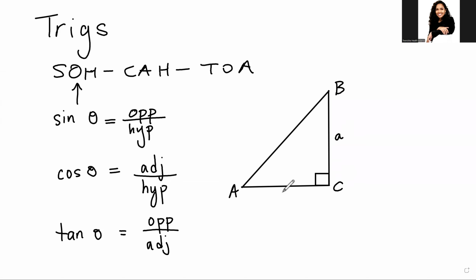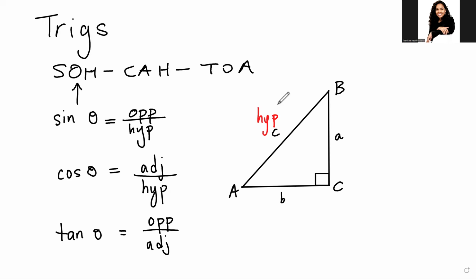The side opposite angle B is small b, and then the side opposite angle C is small c. Who can tell me which side is the hypotenuse? A, B, or C? C. Yes, correct. C is the hypotenuse, right?